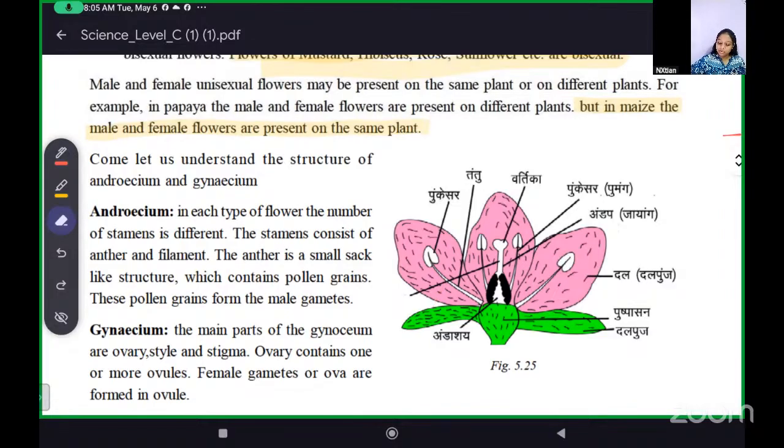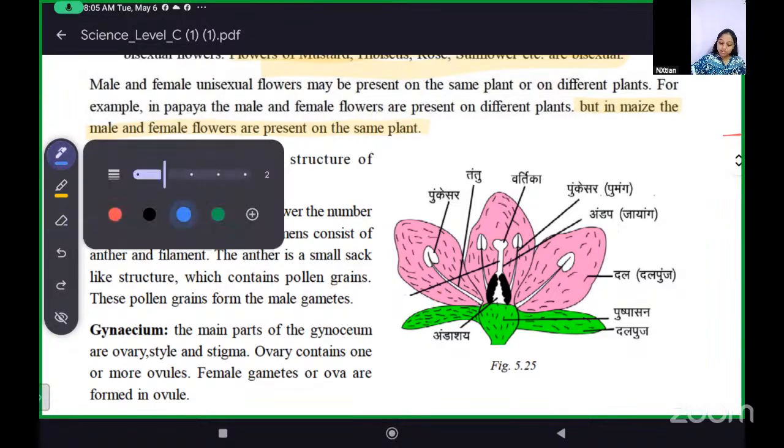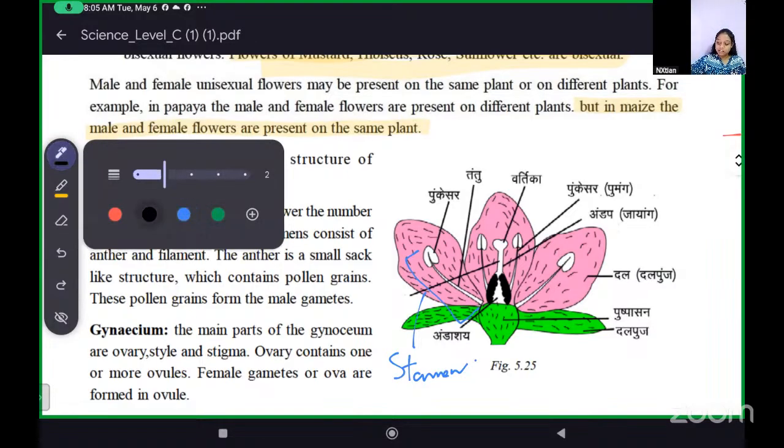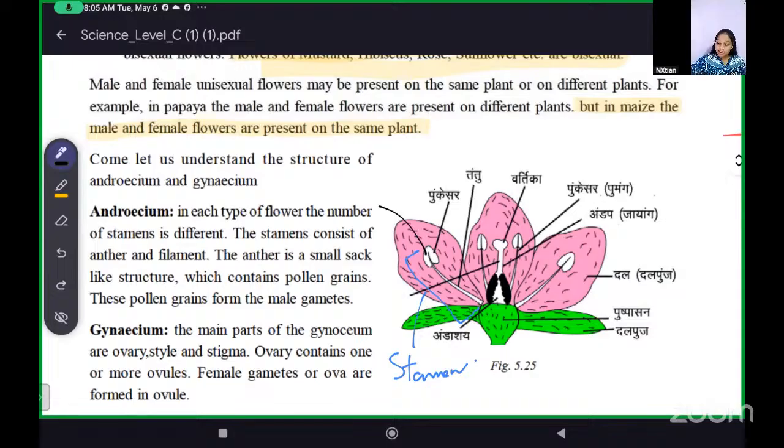This whole thing is known as the stamen, or the male reproductive part. In the stamen, there are two parts: the top part, known as anther, and this filament-like portion, known as filament.